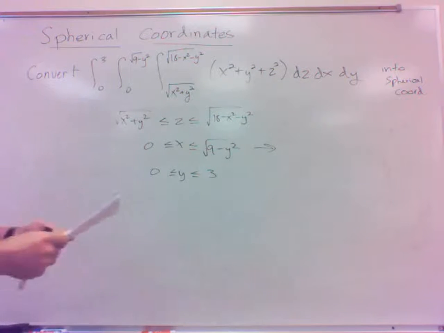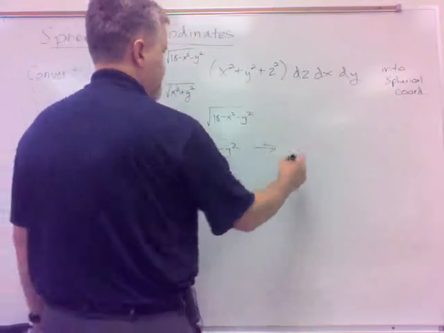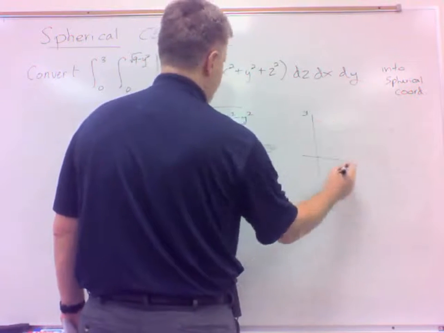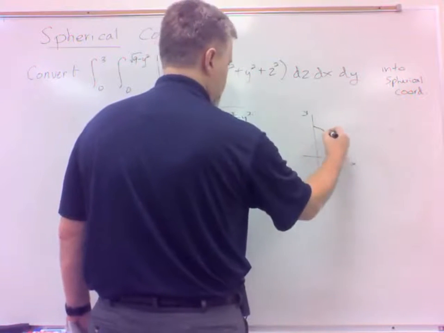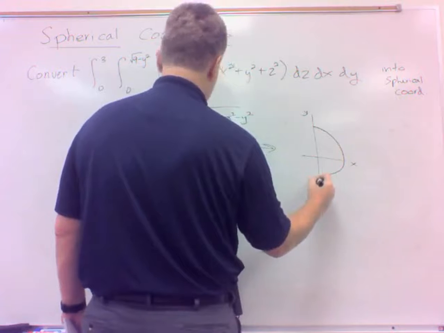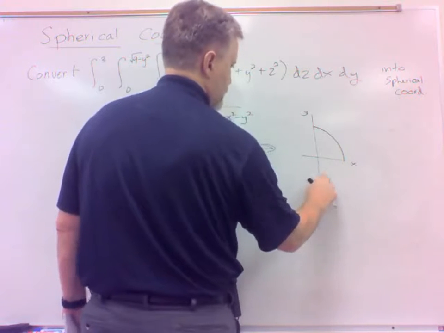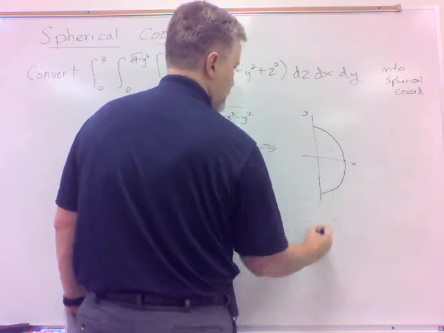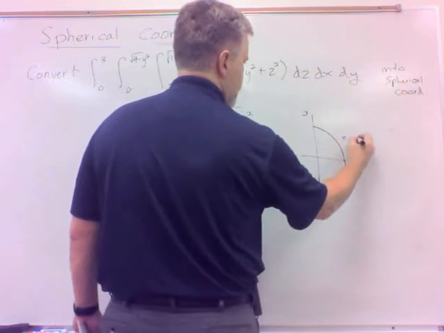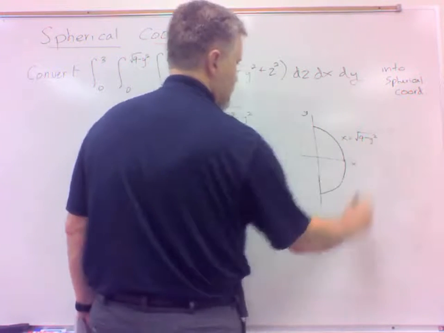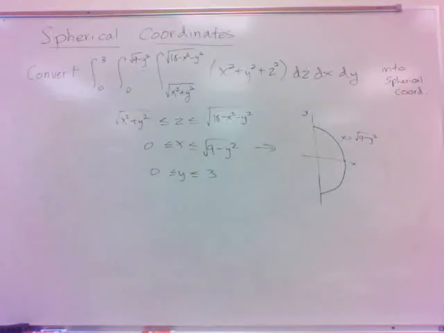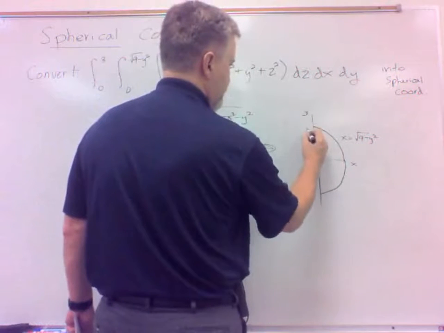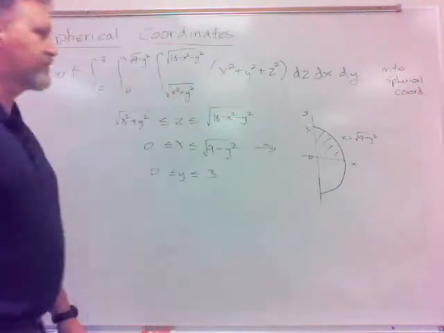If you're just looking at the xy plane, the square root of 9 minus y squared is the right half of a circle, and since y is only ranging from 0 to 3, we're talking about a quarter circle there.